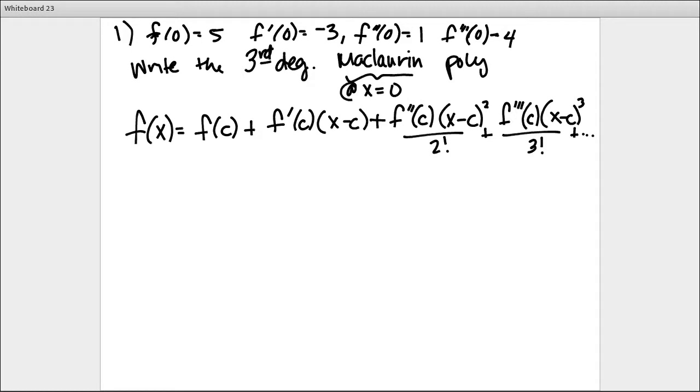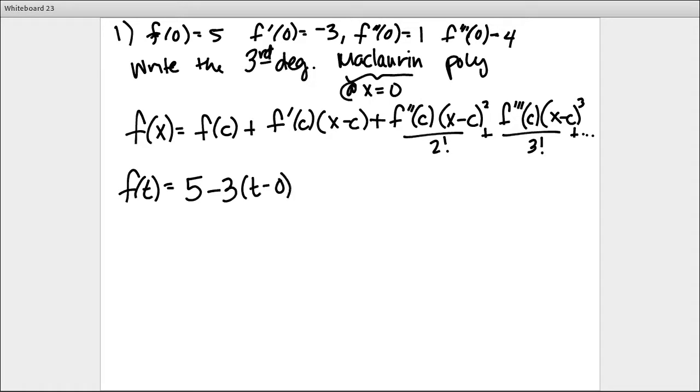So what I've got here is that they wanted to find f of t. And then f at 0 is 5 plus, it's a -3 for your next coefficient, so -3 times t. Technically it's t minus 0, right?